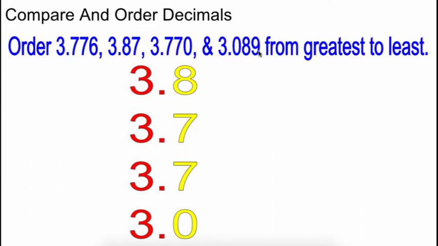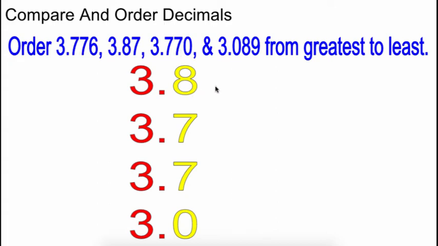This is the least. So the next digit is the hundredths place. So we have a 7, another 7, a 7, and an 8. Well, we already know that this number comes before these two numbers, so we can leave it here.